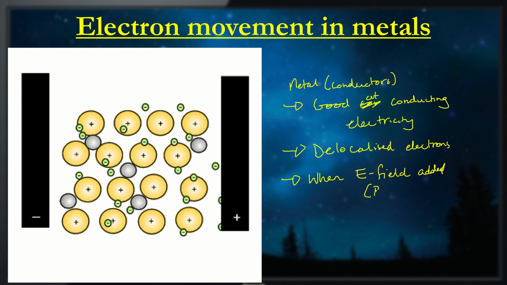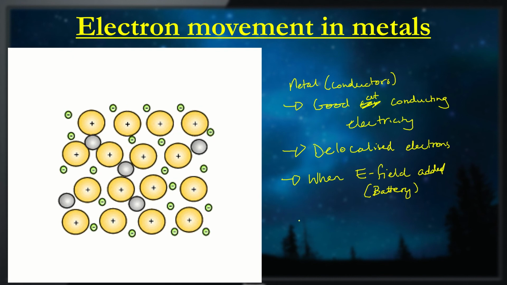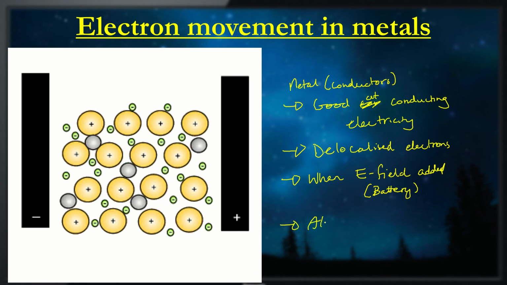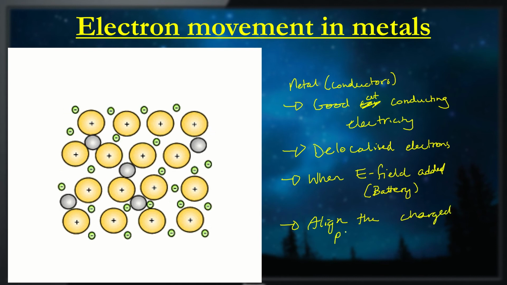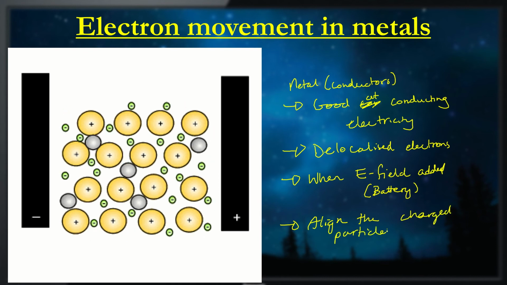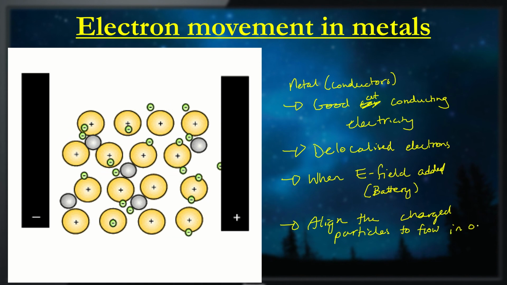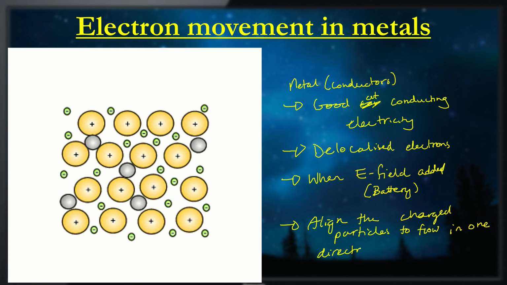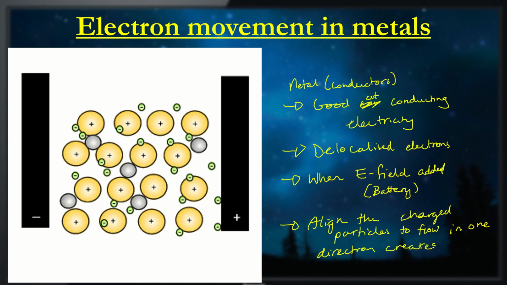In this case, if we were talking about a circuit, that could just be connecting the metal with a battery, that will align the charged particles to flow in one direction, and that creates our electric current.